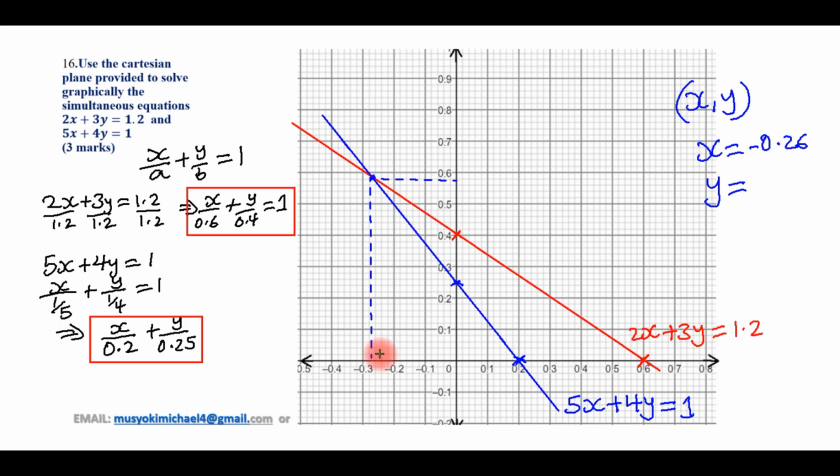Then the other one, the value of y. Remember, one small square represents 0.02, and this will be 0.58. So that is the solution for the simultaneous equations graphically.